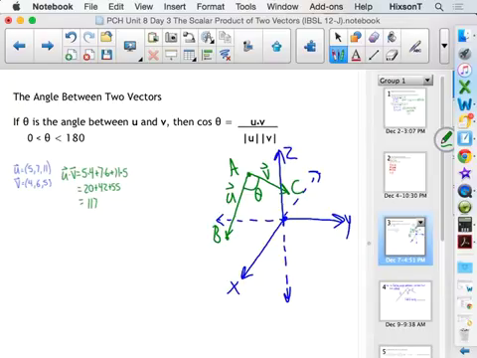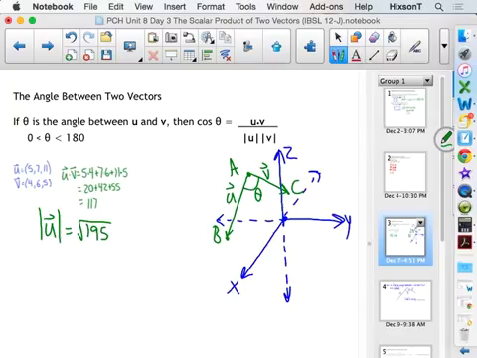So then we would get the magnitude. What's the magnitude of U here if it's 5, 7, 11? Good, square root of 195. You do 25 plus 49 plus 121. 49 and 121 would be 170, plus 25 would be 195.